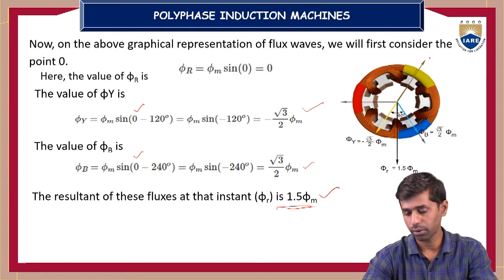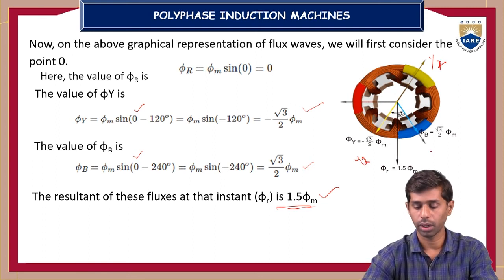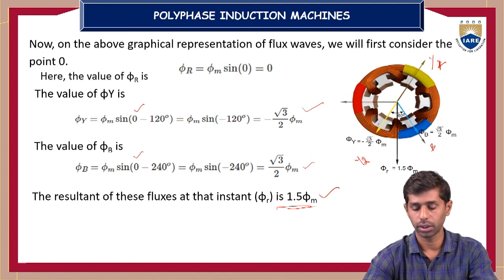This is your y phase, sorry, negative y, this is y1, let us assume this is y2, and this is the b phase, and opposite to it this is the r phase.